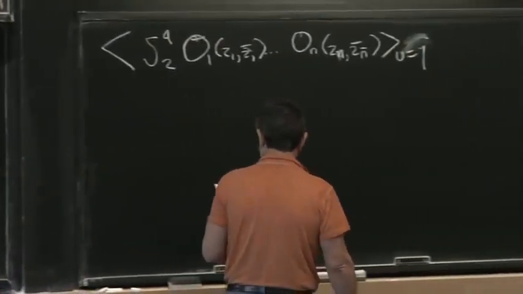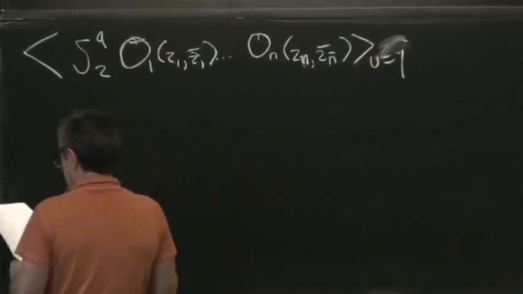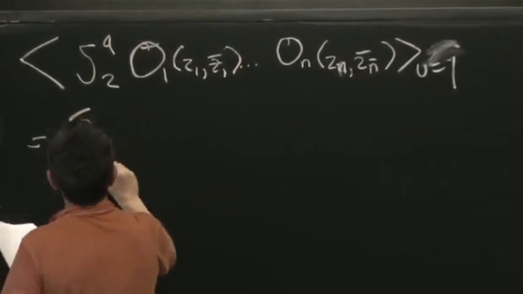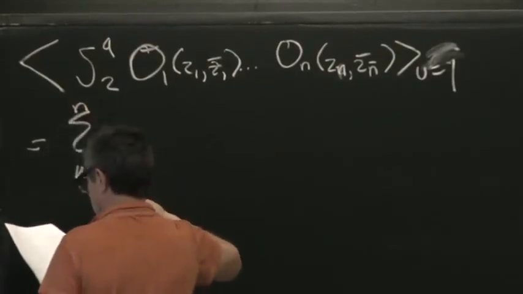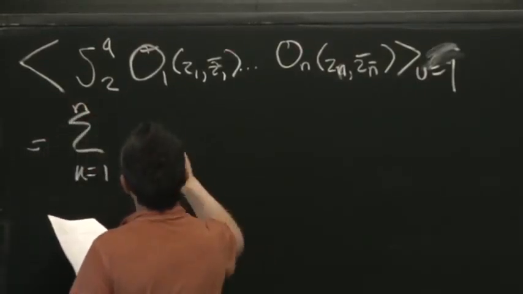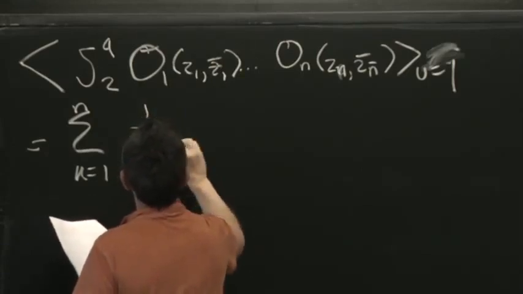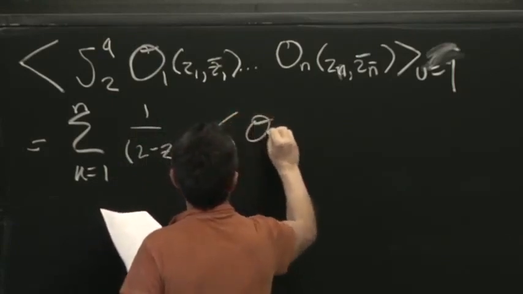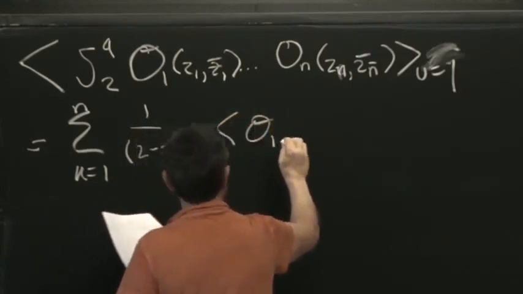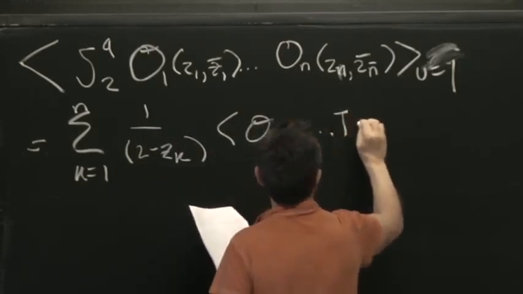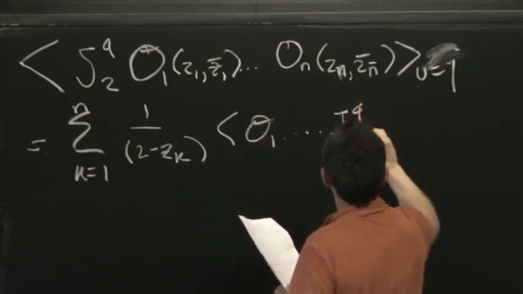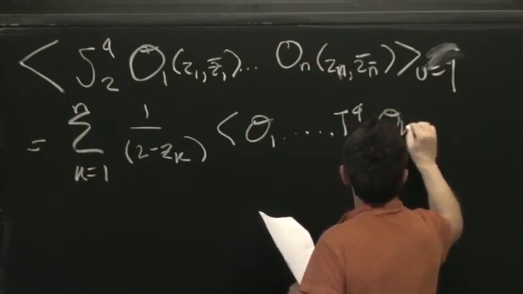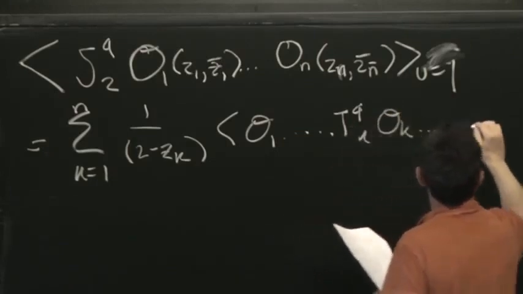Okay, so at U equals 1, J^A(z) O1 ... ON is equal to, and it looks just like the electromagnetic formula, the sum from k equals 1 to n of 1 over z minus zk, T^A_k acting on O1 ... OK ... ON.